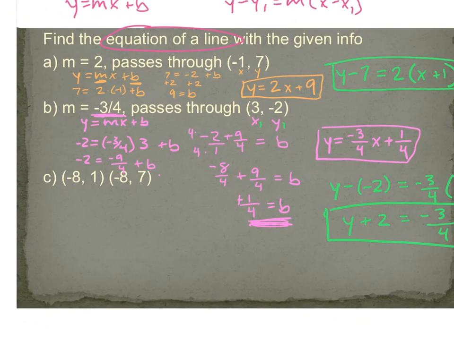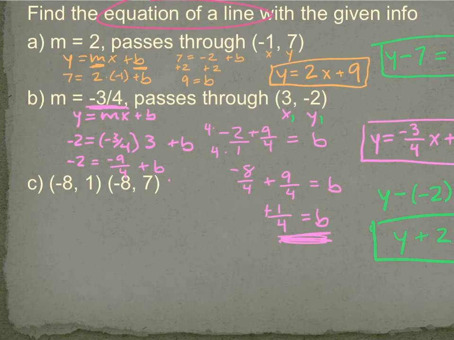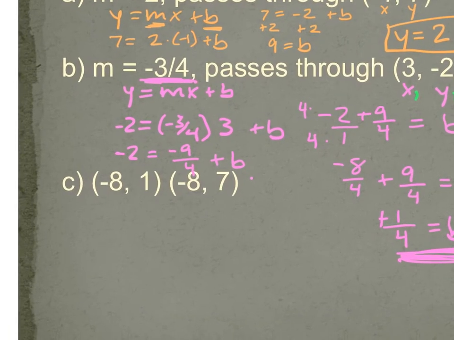Okay, for part C, here it doesn't give us the slope, it just gives us 2 points. So what we need to do is find the slope. So we're going to use our slope formula. So we have m is equal to, going back to our first page, our slope is y2 minus y1 over x2 minus x1.